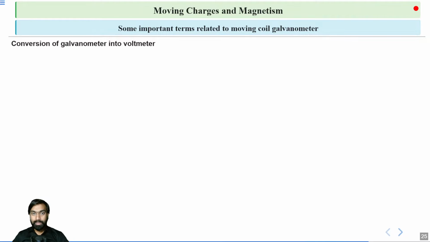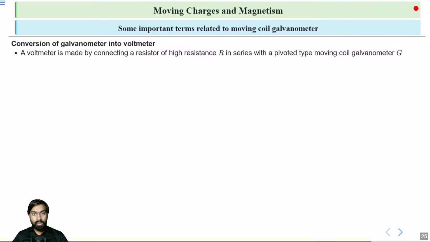Okay everyone, let's talk about converting a galvanometer into a voltmeter. A voltmeter is made by connecting a resistor of high resistance R in series with a pivoted type moving coil galvanometer G. So look here, there is a resistance R and the galvanometer.